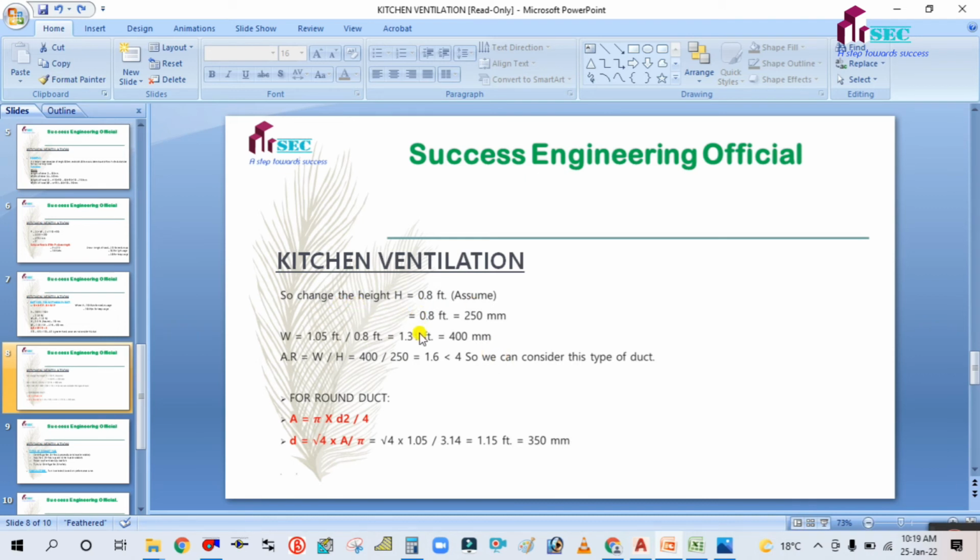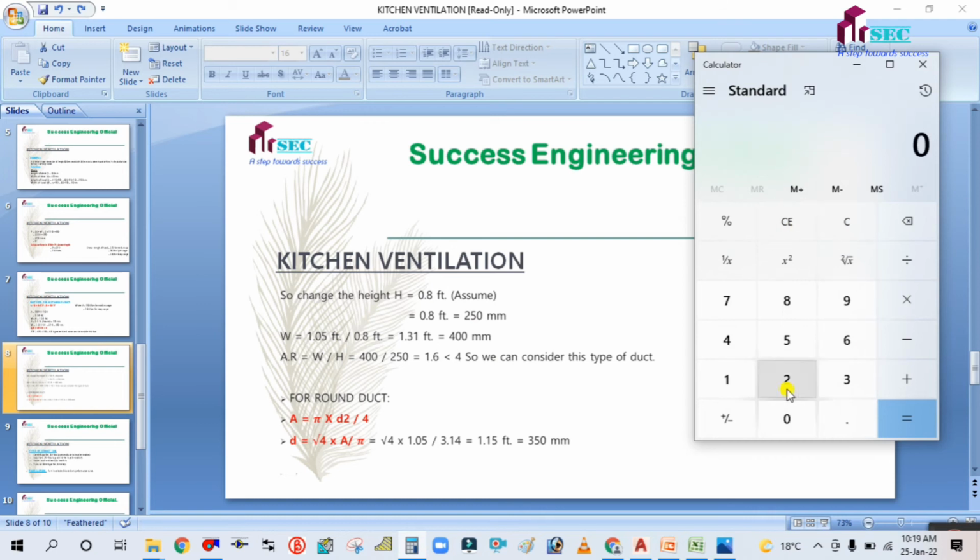So now we are assuming a different height. Other height 0.8 feet is nothing but 250. After the 250 height, you have to calculate the width again. Okay, so simply divide 1.05, which is nothing but the area, 1.05 divided by 0.8 feet.